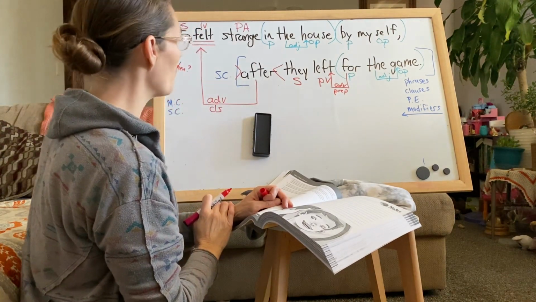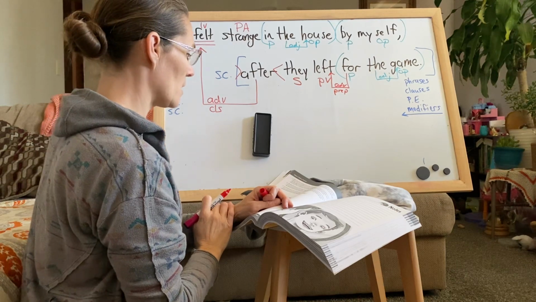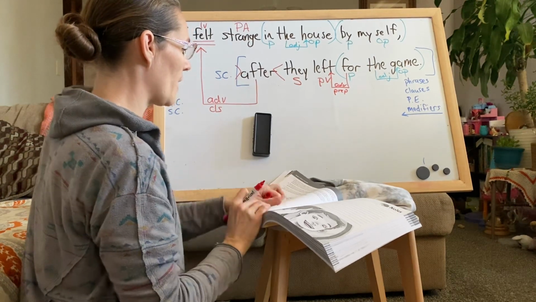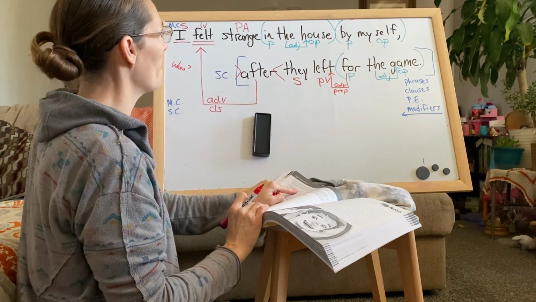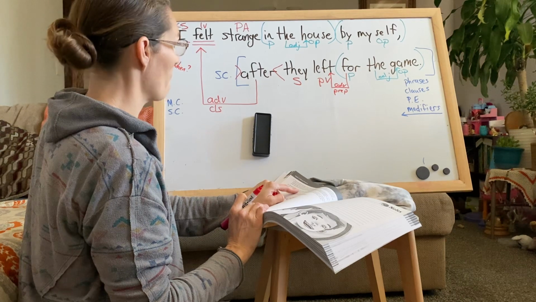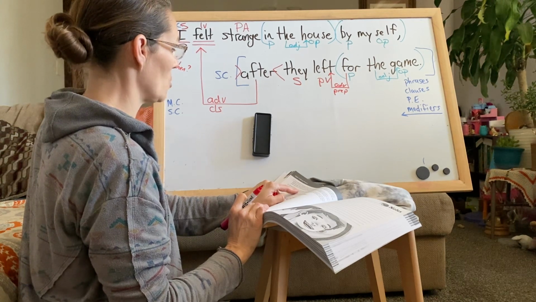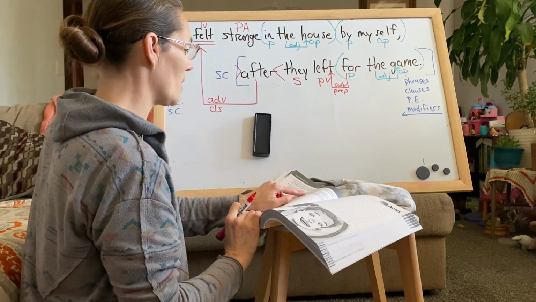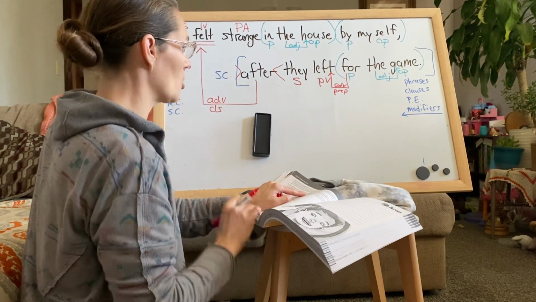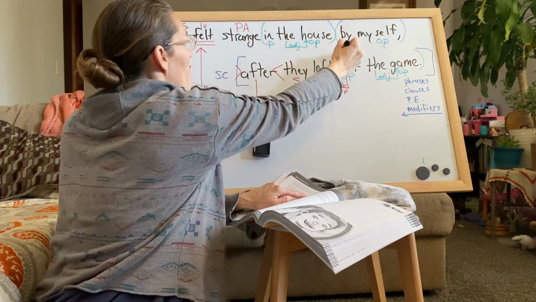By myself answers what question? How I felt strange. So by myself is an adverbial element because it modifies a verb. It is an adverbial prepositional phrase, okay?